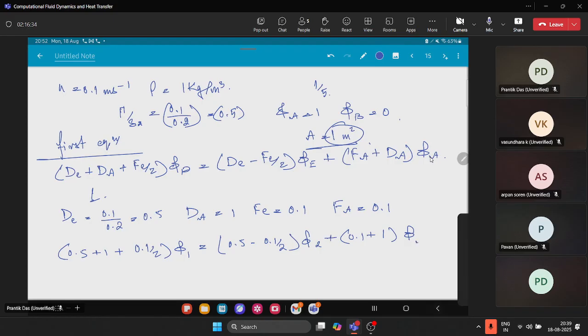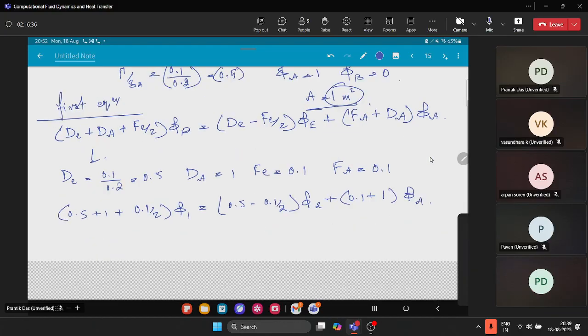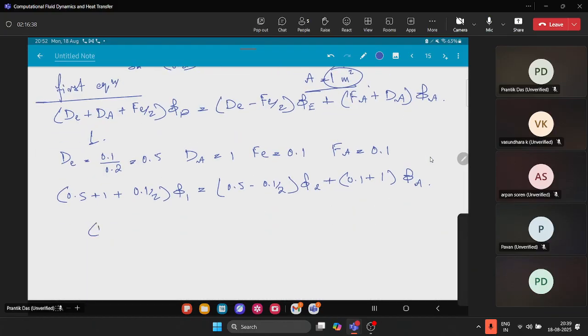So this becomes 1.55 phi 1 equal to 0.45 phi 2 plus 1.1. Okay. So this you can easily find it at home.